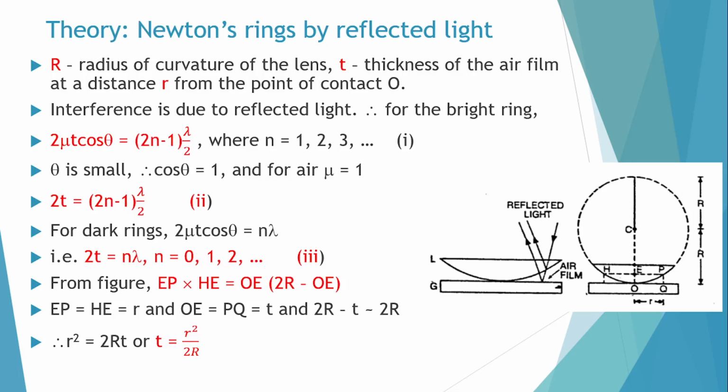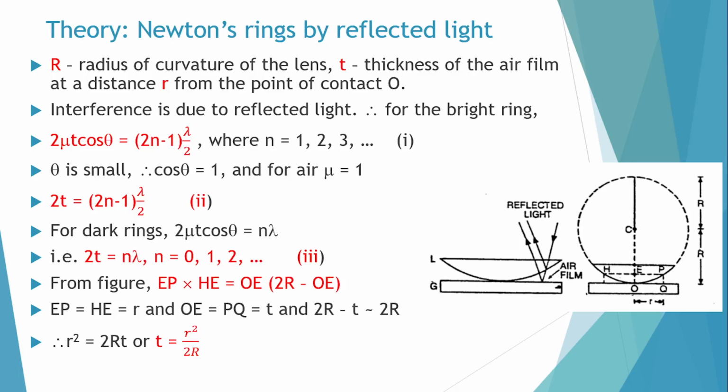The light is incident upon the air film and gets reflected from the lower, curved surface of the lens, and then part of the light gets reflected from the upper surface of the glass plate, and interference between these two reflected rays produces the ring pattern.